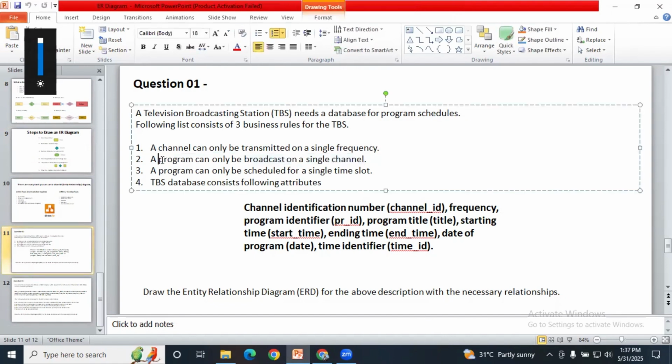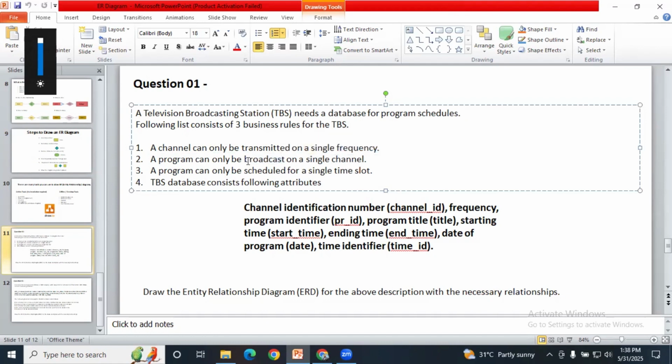In the second line, they are describing that a program can only be broadcast on a single channel. A program is an entity and channel is another entity. So these two entities have a relationship, which is broadcast. The program is broadcast through a single channel.